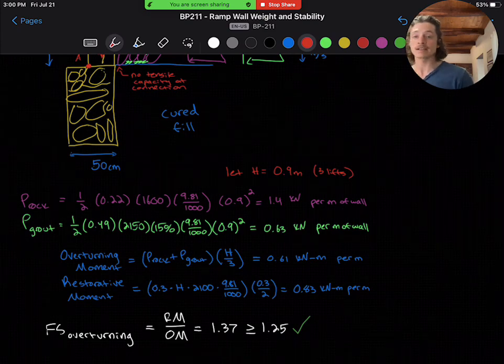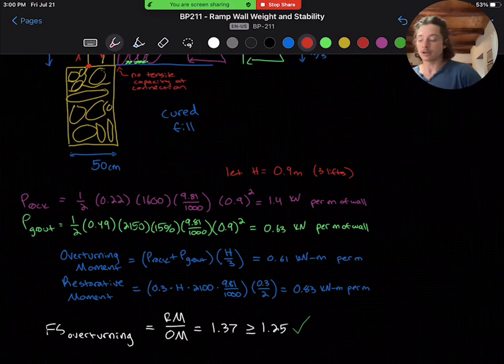And we're going to check this against our factor of safety of 1.25 because this is a temporary construction condition. So this establishes our maximum of 3 lifts or 90 centimeters of ramp wall fill per day without further analysis into the tensile strength of fresh mortar, using a reduced safety factor of 1.25 for temporary conditions.